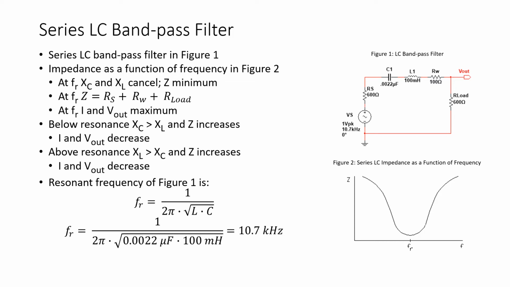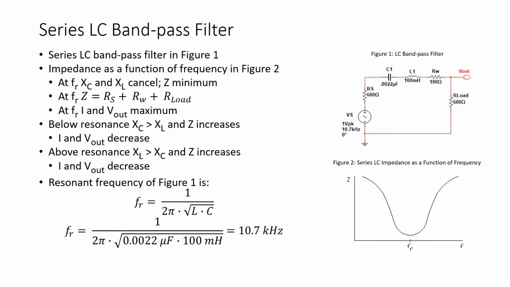Now at frequencies below resonance, X sub C is greater than X sub L, and the impedance increases as shown in the plot of Figure 2. Therefore, if impedance increases, current will decrease, and subsequently the output voltage will decrease also. And above resonance, X sub L is greater than X sub C, and again impedance increases as shown in Figure 2.